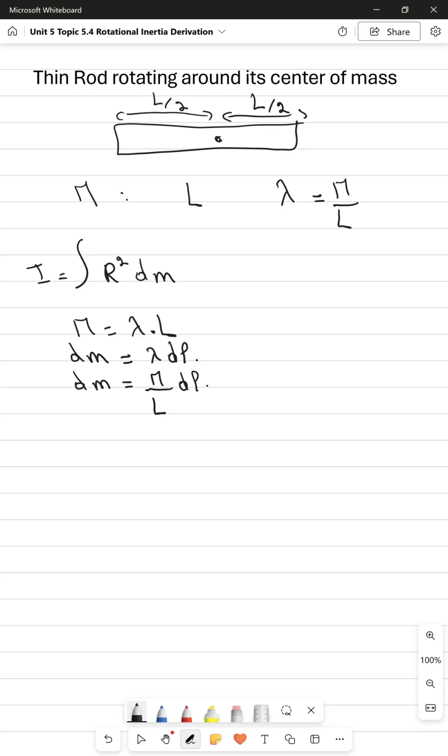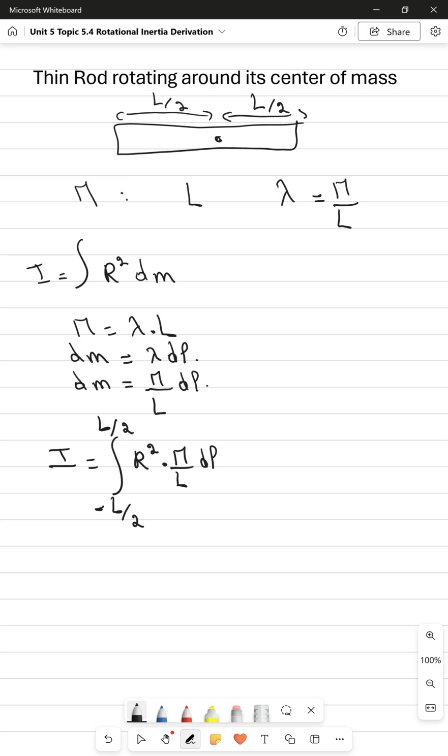Now I'm going to replace that in our original equation. So our equation is going to be I equals integral of r squared times m over L dl. And the boundaries of the integral are going to be from minus L over 2 to L over 2.